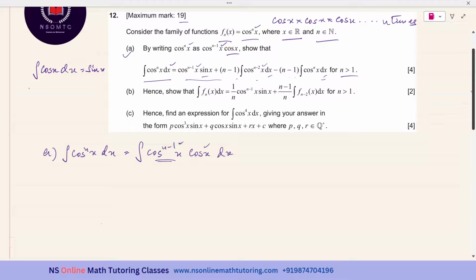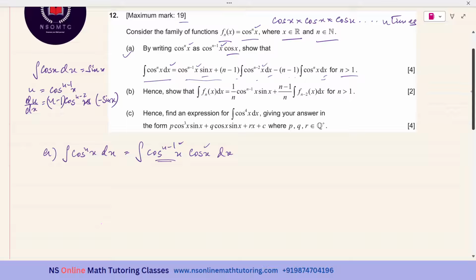Okay, so u is equal to cos raised to the power of n minus 1 of x. So what will be its derivative? du/dx will be equal to n minus 1 times cos raised to the power of n minus 2, this should be within brackets, of x, and then the derivative of cos x, which is equal to negative sin x.